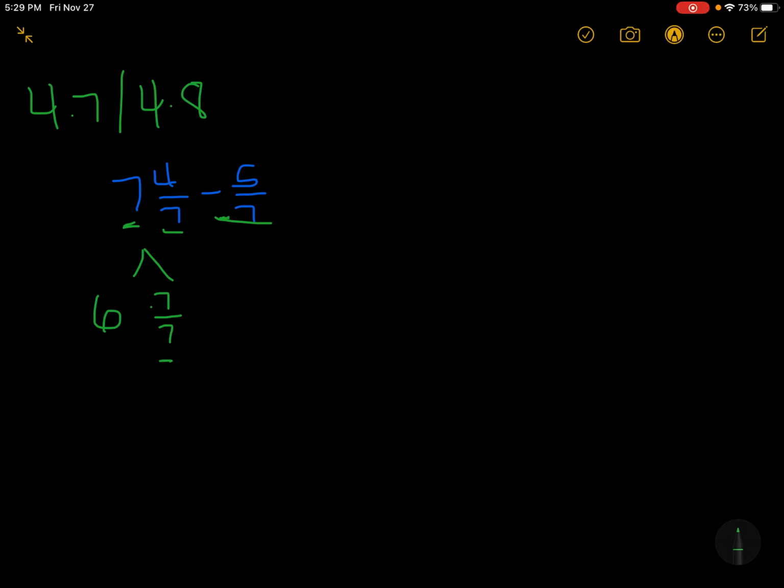So what I have now is 6 wholes and 7/7. But remember, our original mixed number was 7 and 4/7. So instead of just deleting this, we're going to come down here and we're going to add it back in. And the reason for that is because we're trying to get a larger number to subtract 5/7 from.